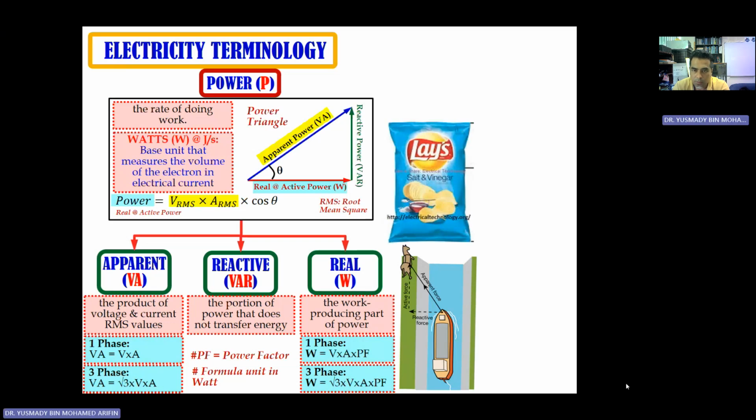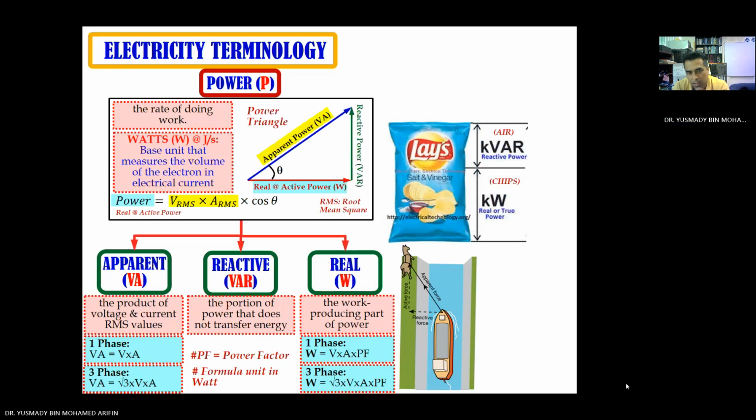Another analogy, if you take a bag of junk food, which consists of a number of chips, reactive power represents the air inside the bag, and the real or true power represents the chips inside the bag. Okay, so the air we cannot use to produce any work, but the chips, if we eat them, we can produce certain work.